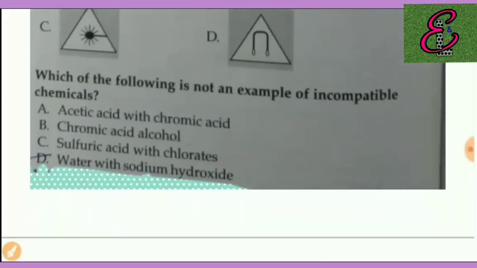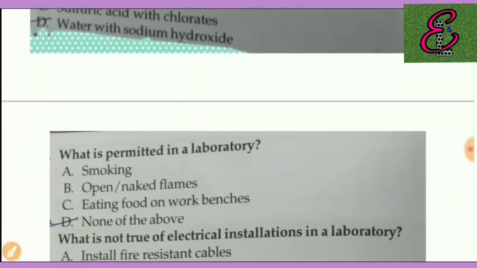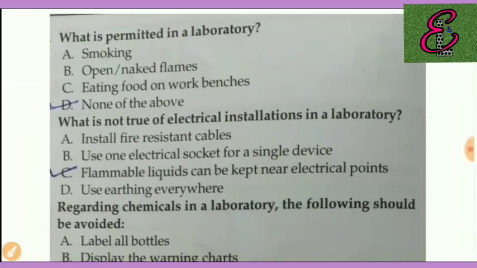Next question, which of the following is not an example of incompatible chemicals? The right answer is water with sodium hydroxide. The next question, what is permitted in a laboratory?